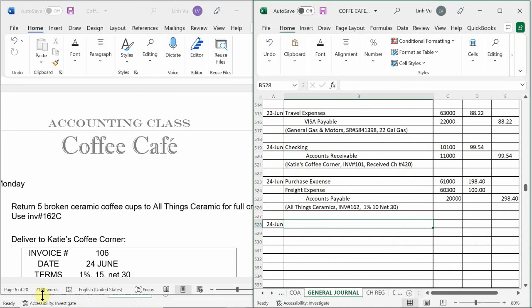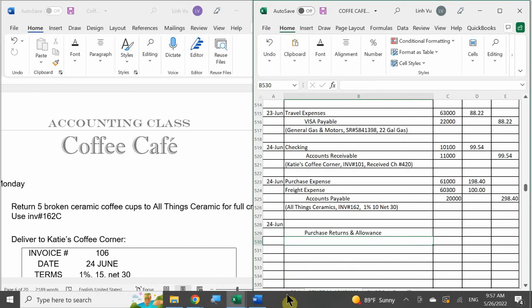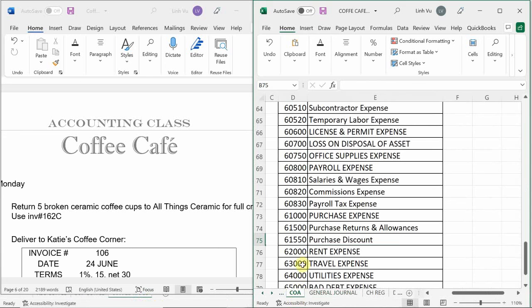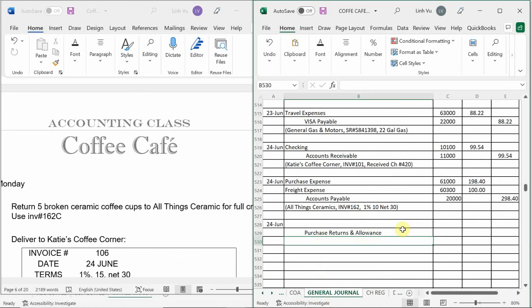Which is a contra account, so it would be down here, okay? So let's take a look where that account is. Purchase returns and allowances 61,500. Okay.